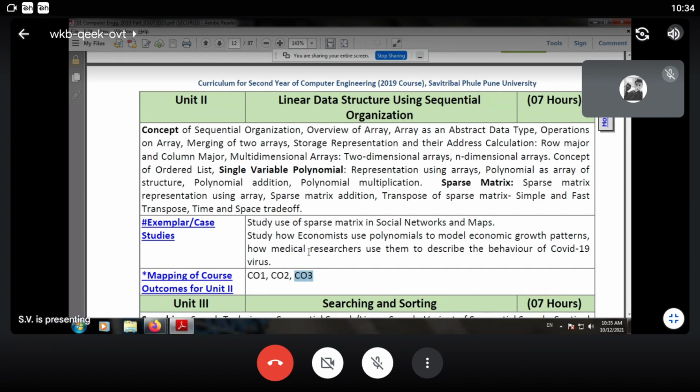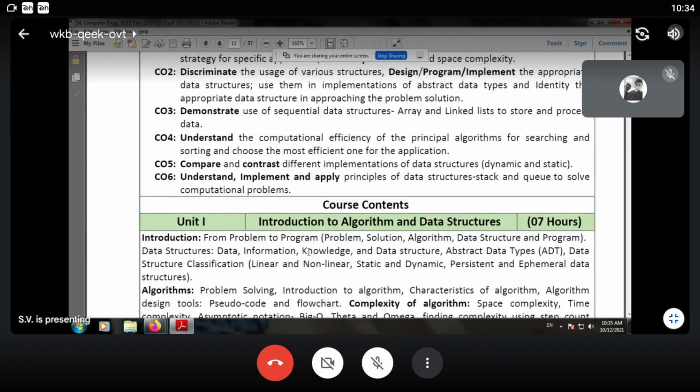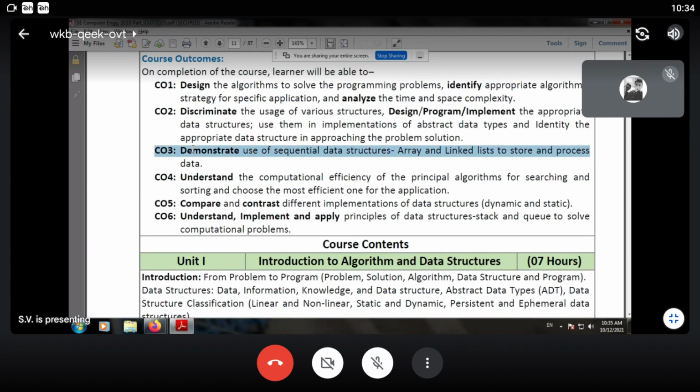If you are able to solve this problem, then you are able to demonstrate what will happen in the future and what data structures are useful in such things.